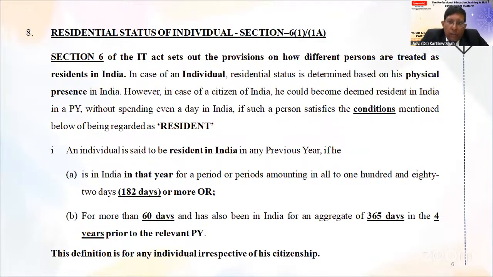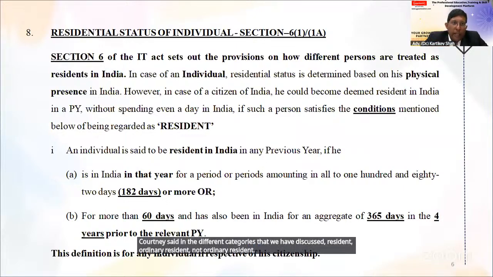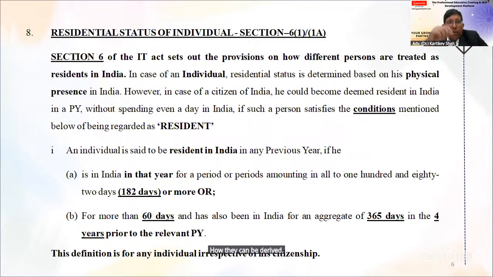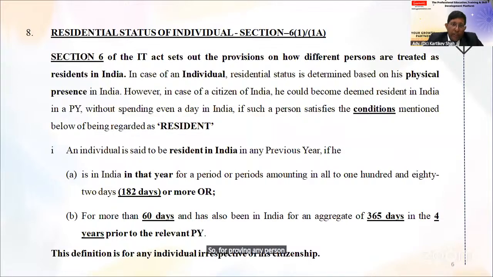Now, it is very important: Section 6, for deciding the different categories that we have discussed: resident, ordinary resident, not ordinary resident, and how they can be derived. Section 6 of the IT Act sets out the provisions of how different persons are treated as resident in India. So for proving any person resident in the previous year, there is a condition that has to be followed.